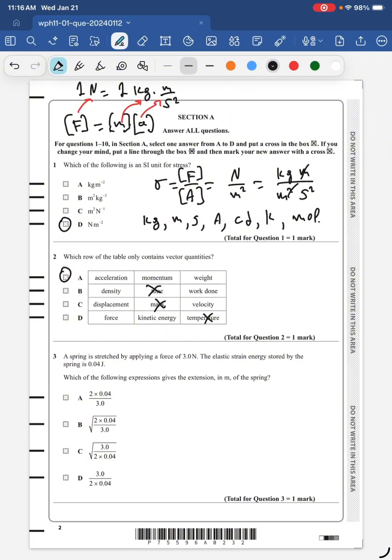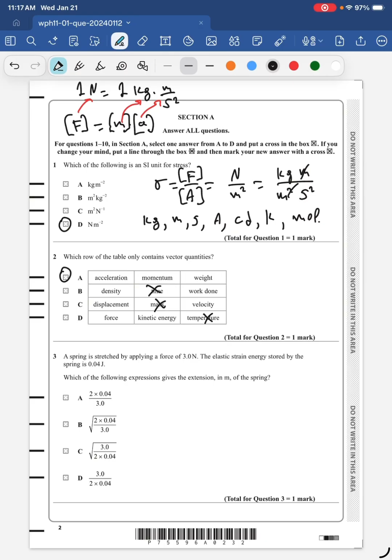the correct one. All right, 3. A spring is stretched by applying a force of 3 newtons. The elastic strain energy stored by the spring is 0.04 joules. Which of the following expressions gives the extension in meters of the spring?